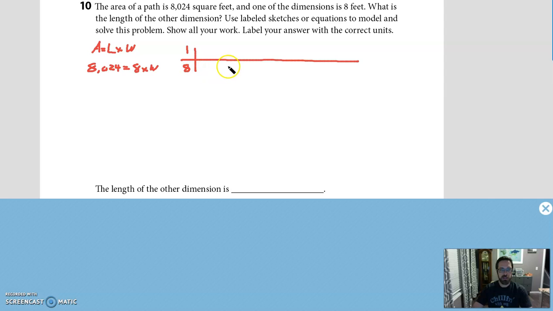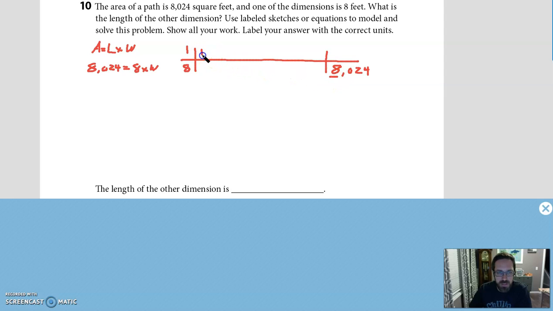So 8, that's that, and I need to take that all the way to 8,024. Now, again, I'm going to look at place value. If we made jumps and started with 10 and doubled it to 20 to 40, that's going to take us a long time. So I'm going to start by looking at place values. How many 8s can go into 8?